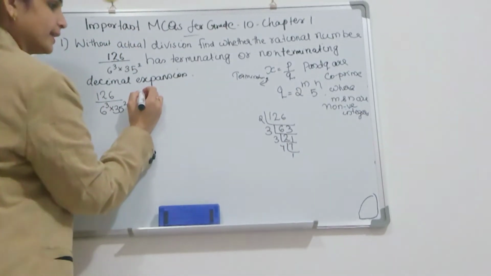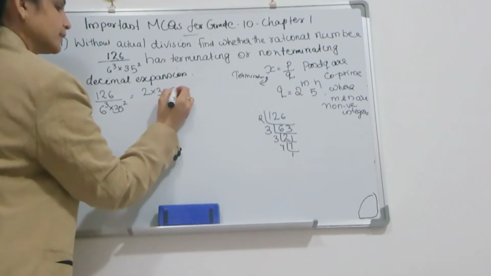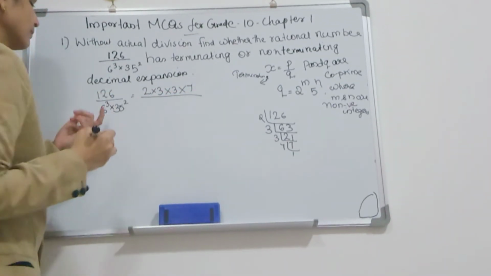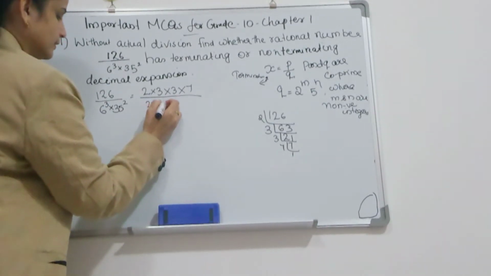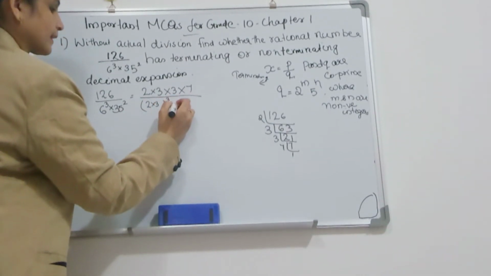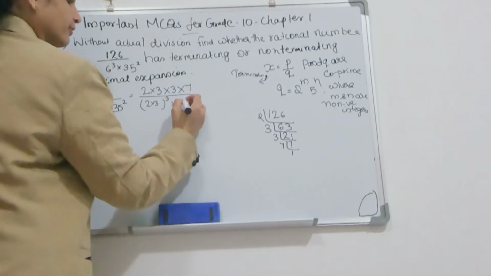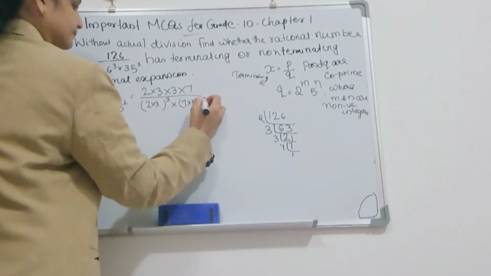So the numerator can be written as 2 into 3 into 3 into 7, and the denominator 6 cube means you can write as 2 into 3 cube, and the 35 also is not a prime number, so 35 you can write as 7 into 5, the square.